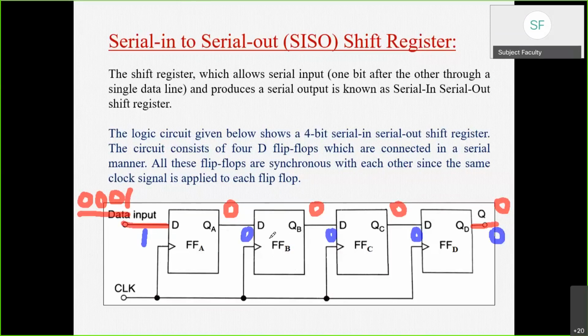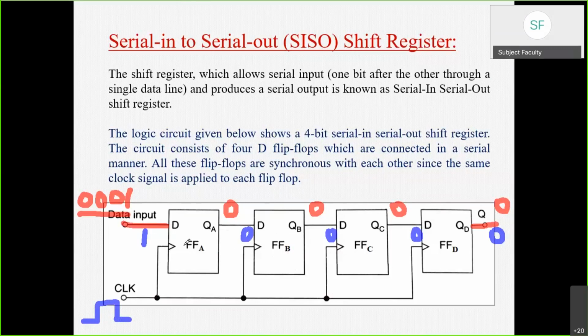Now what happens when you provide a clock to this circuit? Since it is positive edge triggered, at the positive edge, all flip-flops will act according to their truth table.